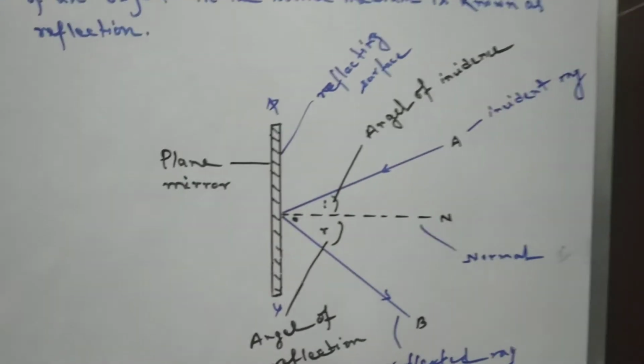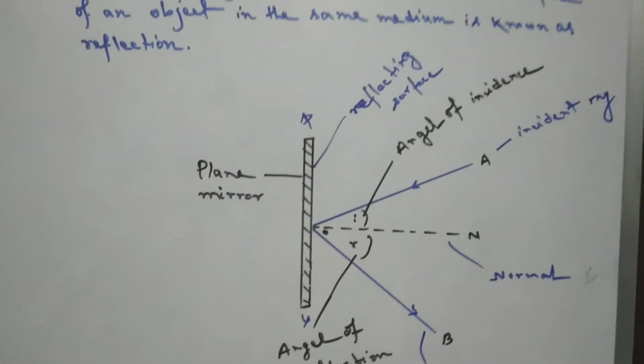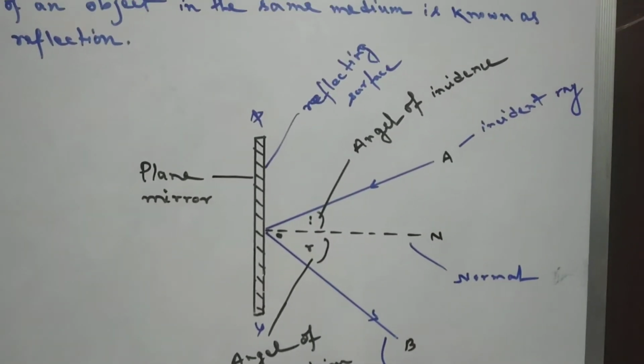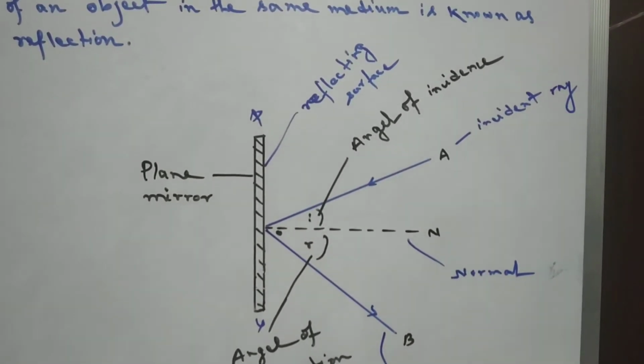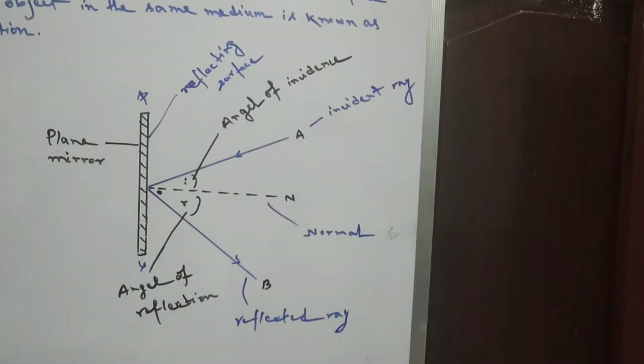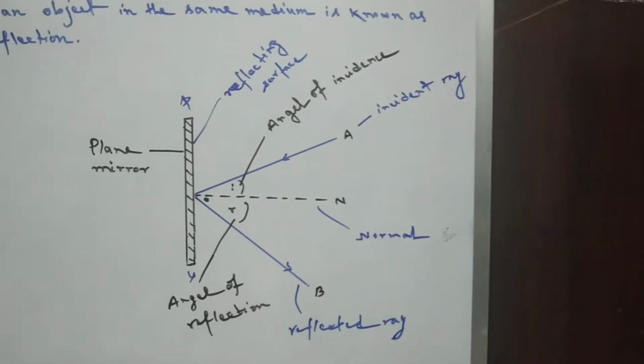You can consider it as a plane mirror, or a mirror, and this reflecting surface XY is where the ray falls and then returns in the same medium.